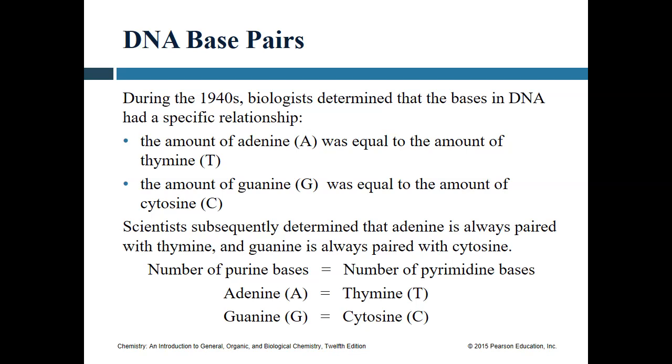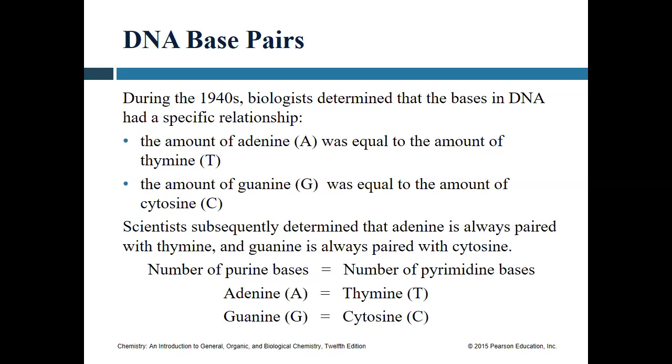But what we also determined was that, oh hey, adenine and thymine, they seem to go together. That's why they're present in the same amount. Guanine and cytosine, they seem to go together. That's why they're present in the same amount. They're actually paired with each other.